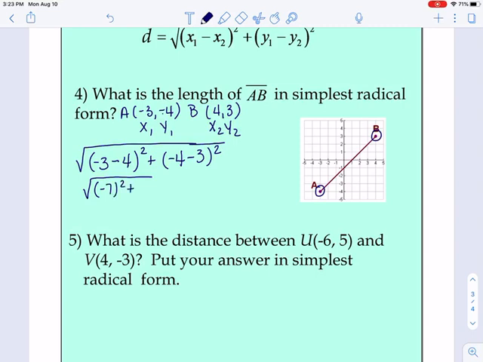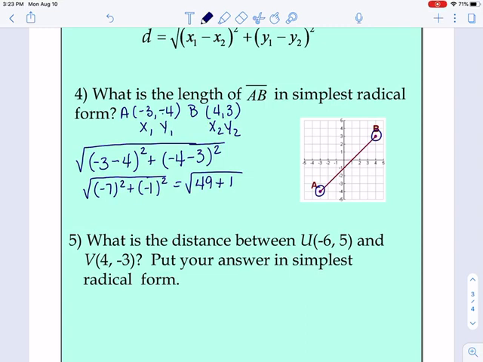And negative 4 minus 3 is going to be a negative 1, and we need to square that. Simplifying underneath there, negative 7 squared is going to give me a positive 49, and negative 1 squared is going to give me a positive 1.